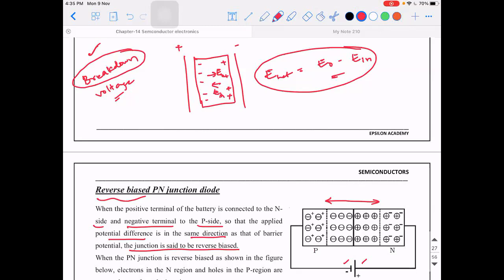We are actually breaking it. We are trying to make it lose its property. But the point you guys have to remember is, there is something called breakdown voltage. When you apply an electric field, the point at which the insulator gets converted into a conductor is what is called breakdown.